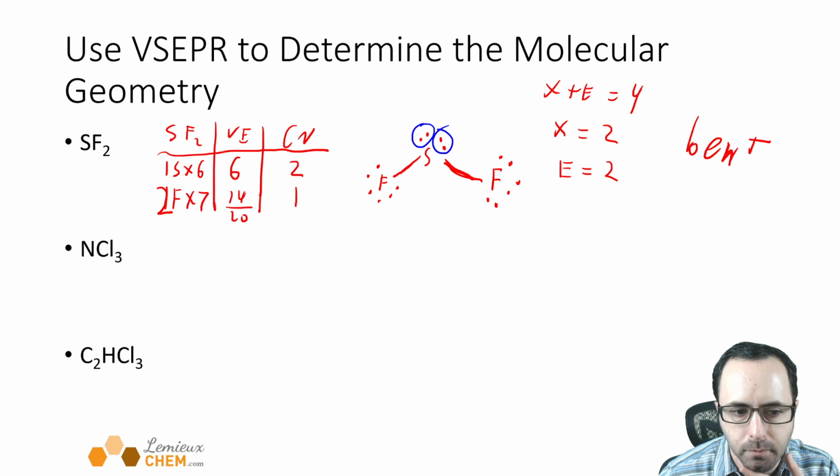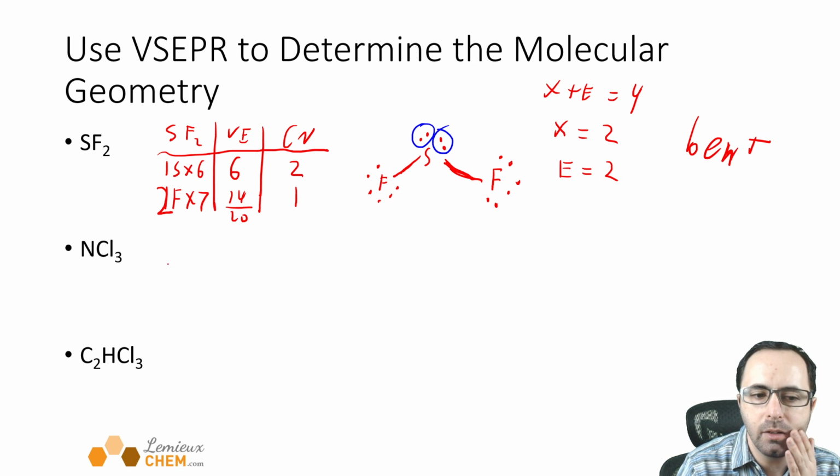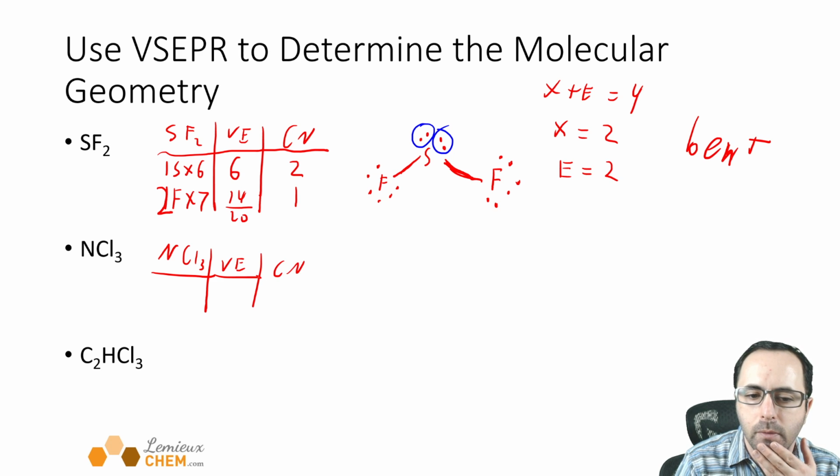All right. Now this one we didn't do in the last lecture, so I'm going to do this one a little bit more slowly. NCl3, valence electrons, covalence number. We have 1 nitrogen and we have 3 chlorines.